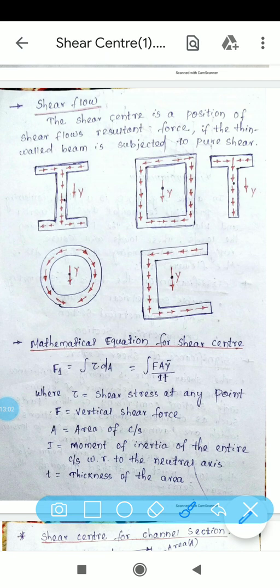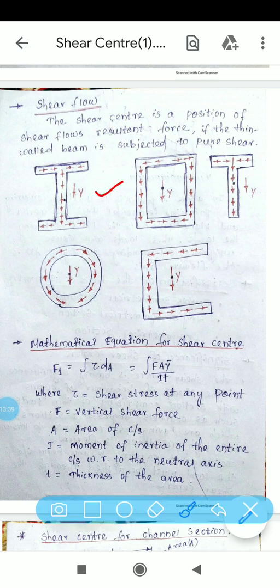Then shear flow. What is the meaning of shear flow? The shear flow is the distribution of shear stresses inside the cross section. The shear center is the position of the shear flow resultant force if the thin walled beam is subjected to pure shear. See here I am showing different sections: I section, rectangular section, T section, C section, circular section.